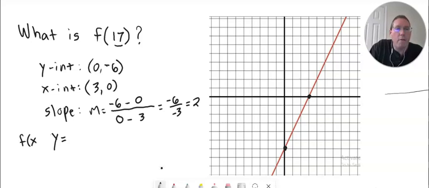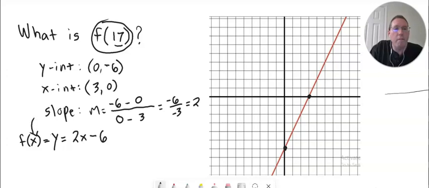And that means that y is equal to, and we can say f of x, this is the same thing as saying f of x is equal to y, which is 2x, and then we need the y-intercept, which is negative 6: 2x minus 6. Well, if we want f of 17, we put 17 in for x here and here.